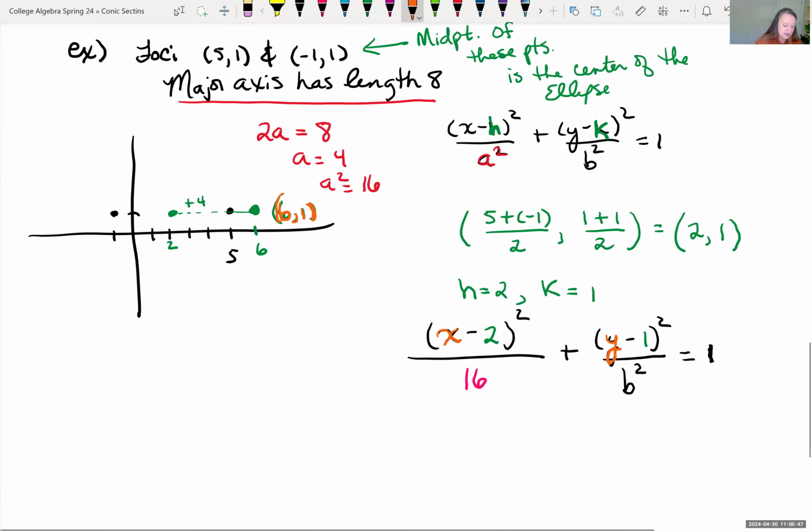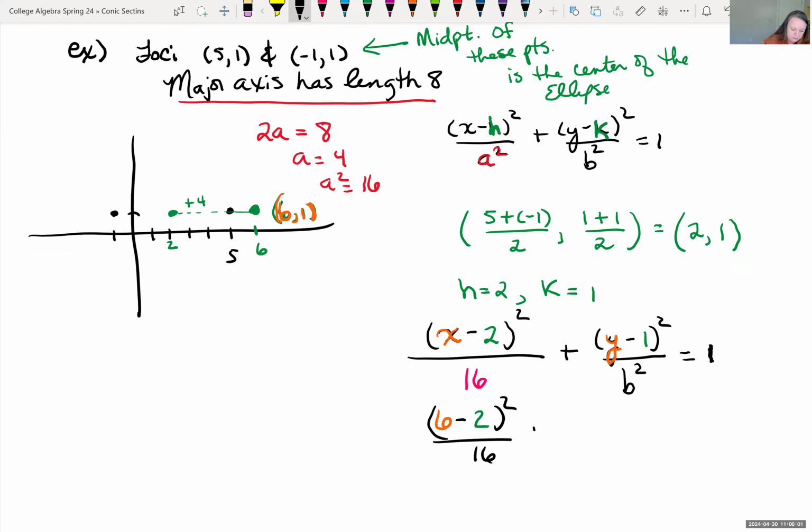So let's go ahead and do that. So we have 6 minus our 2, quantity squared, all over 16, plus y, which is 1, minus 1, quantity squared. Oops, that's not going to work there, because that's going to give me 0 where my b is.